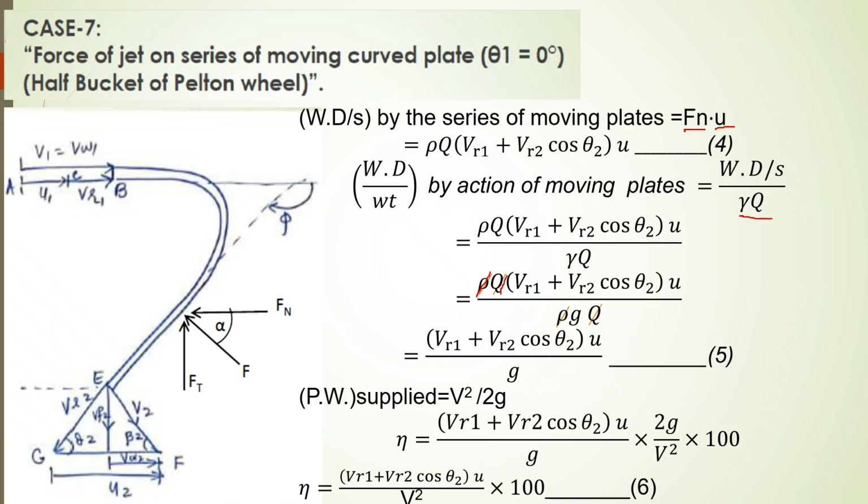The rho and the q will be cancelled out, and you will be left with the expression given in equation number 5. And if we put in the input as v square over 2g, we can further get our equation number 6 directly to find out the efficiency for the case when your bucket is moving in the forward direction, and the case when your theta 1 is equal to 0.